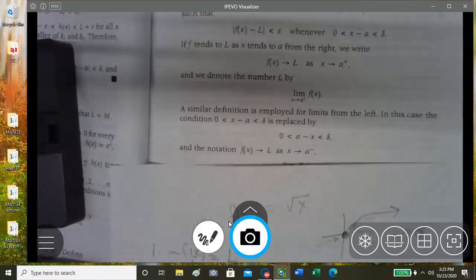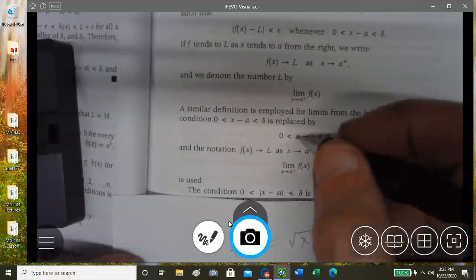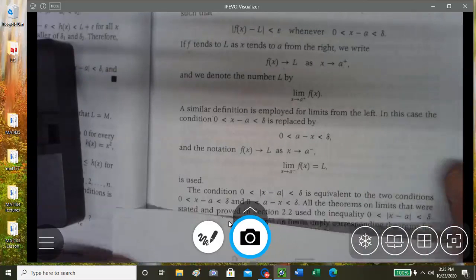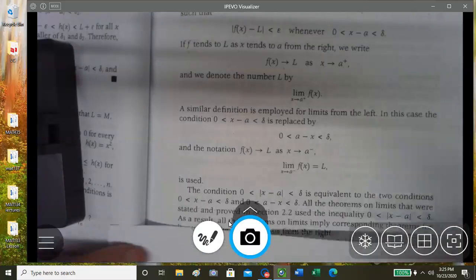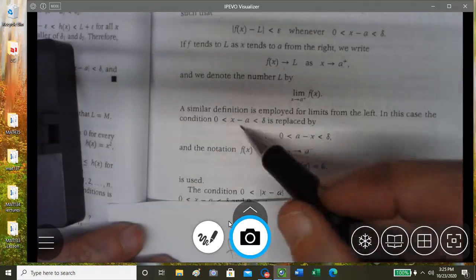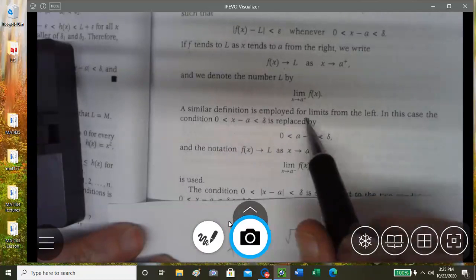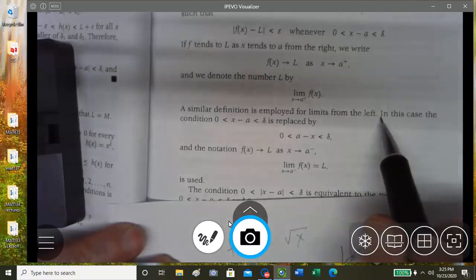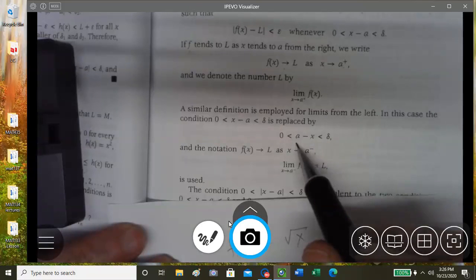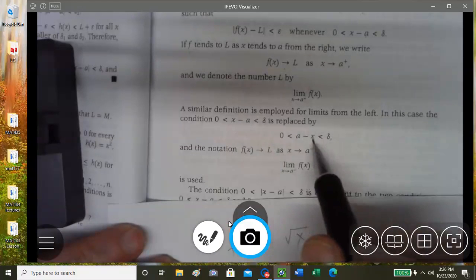So that's where we get A minus x, and so a similar definition is employed in limits from the left. So going from the left, in this case, the condition x minus A is replaced by A minus x.